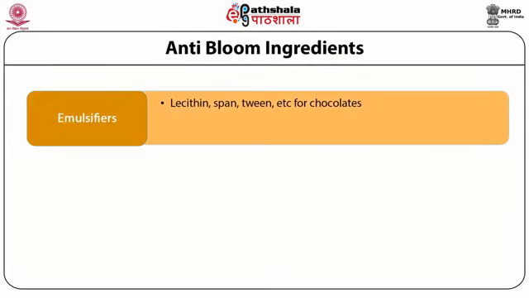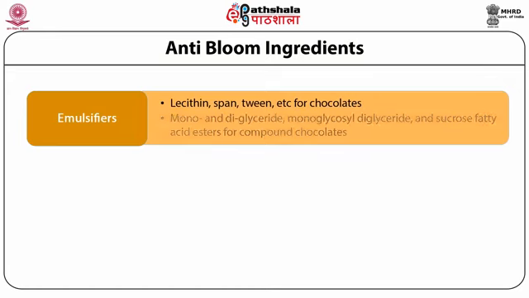Emulsifiers like lecithin, span, tween can be used for chocolates for better emulsification of these fats so that they don't separate out. You can also use other emulsifiers like mono and diglycerides, monoglycosyl diglyceride and sucrose fatty acid esters for compound chocolates.